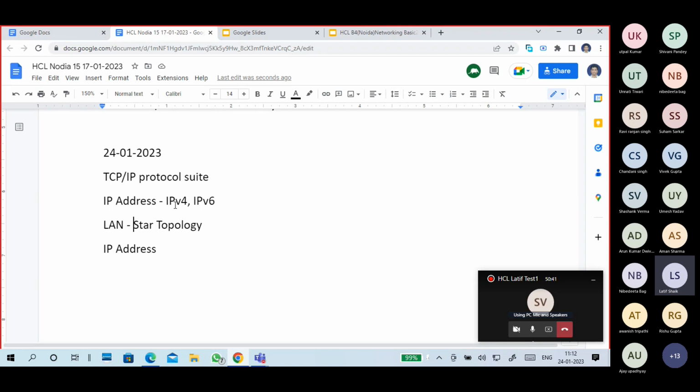Only in a SAN type of storage management or certain server rooms, redundancy servers, they use a mesh plus star topology, hybrid topologies. This is what I'm trying to say, guys.